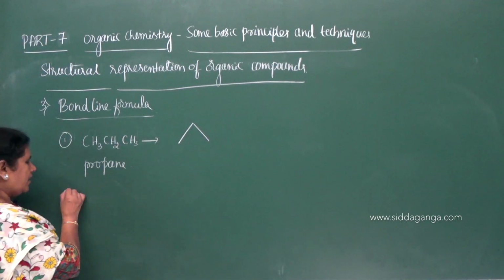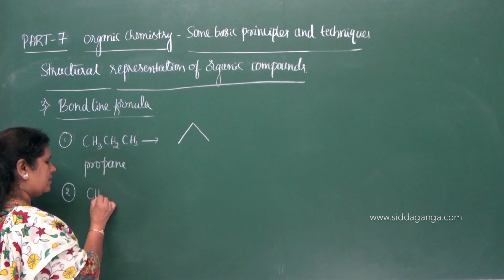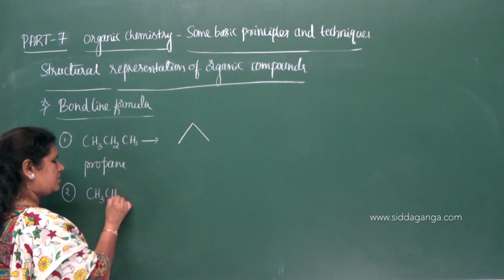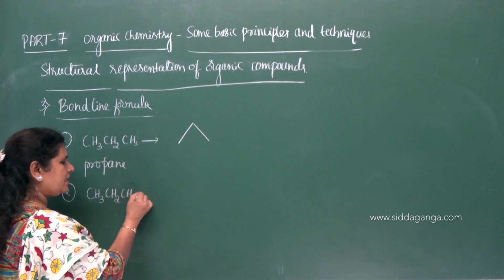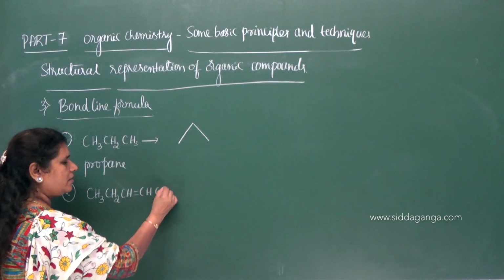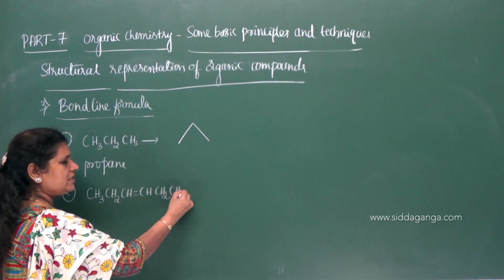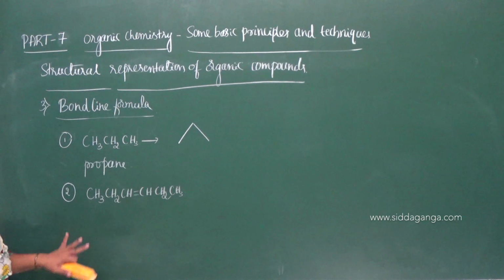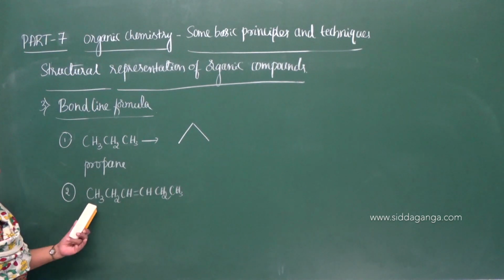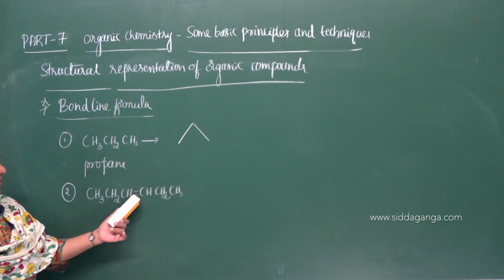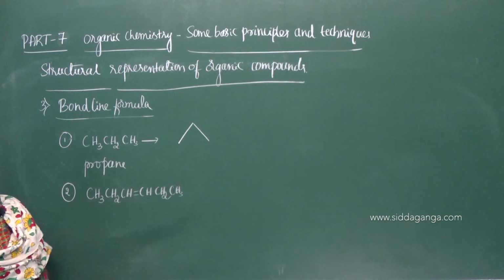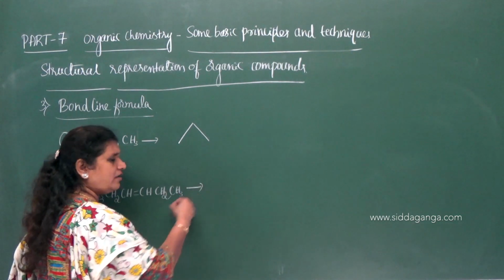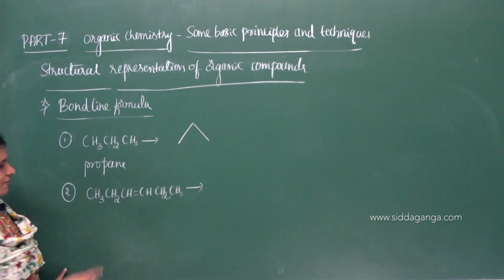Now increase the carbon atoms here: CH3, CH2, CH double bond CH, CH2, CH3. This is the formula given. Now write the bond line formula for this.